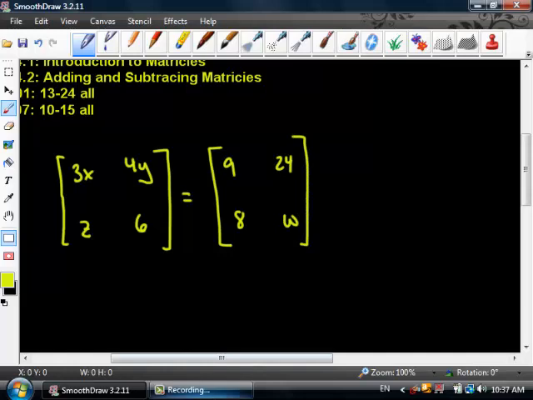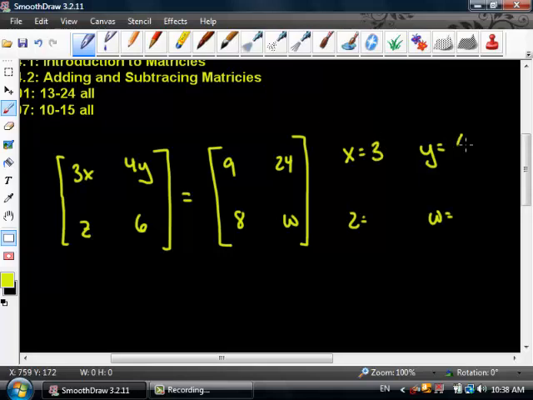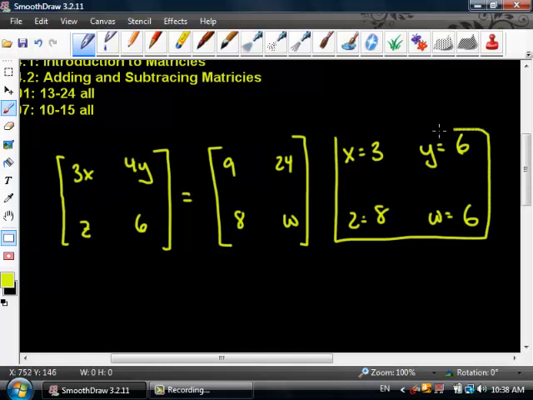Solve for all the variables, please. Wally, what'd you get? X equals 3. Okay. Very good. Raise your hands if you agree with Wally. You should, because he's right.